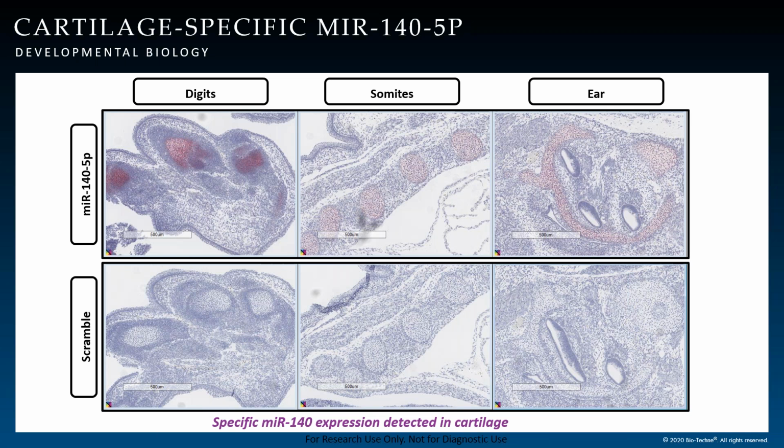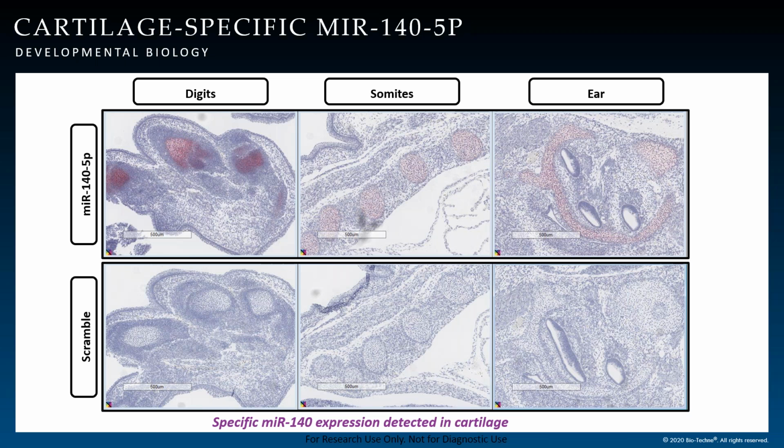This particular microRNA is implicated in cartilage development and is specifically expressed in cartilage tissue. There's also very important evidence showing that one of the targets of miR-145-5P, which is fucosyltransferase, or FUT1, is implicated in osteoarthritis. And this particular disease is characterized by cartilage degradation and chondrocyte injury.